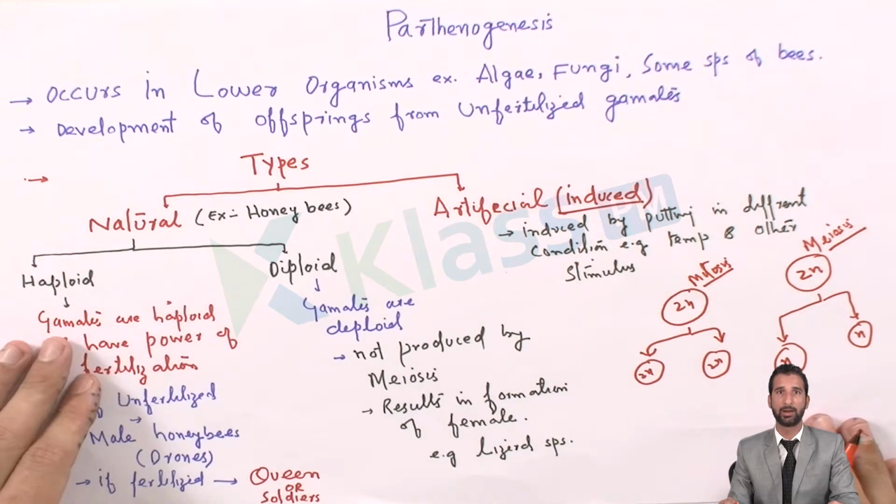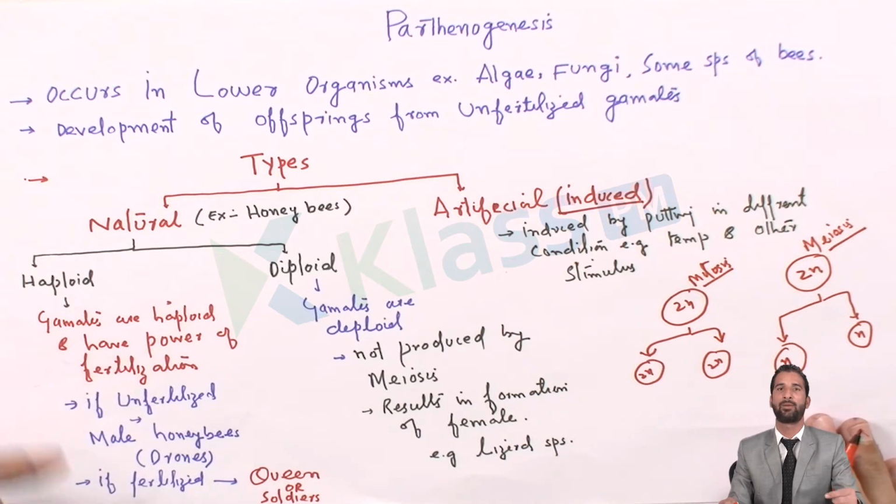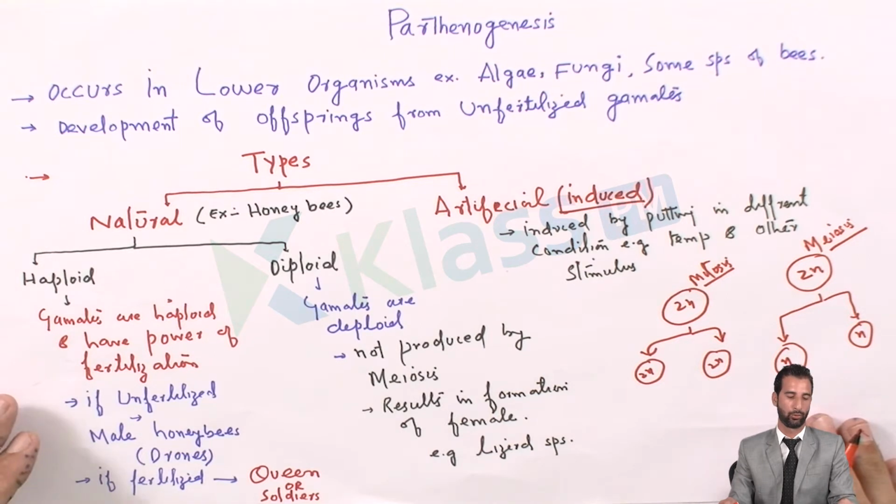If the haploid gamete, which has the power to undergo fertilization, develops in the unfertilized condition, it results in male honeybees, the drones.